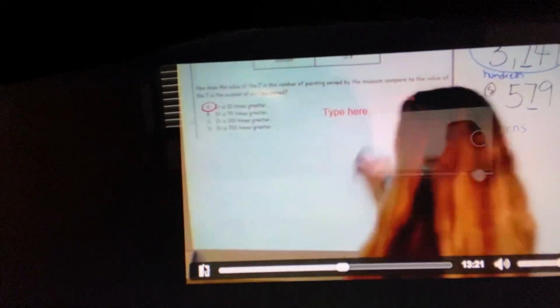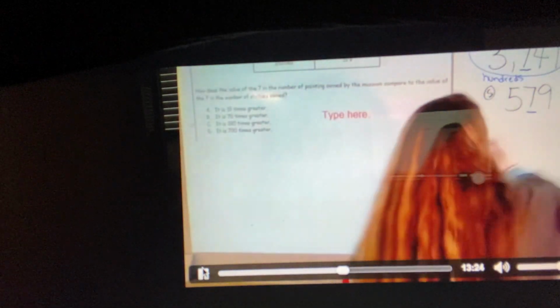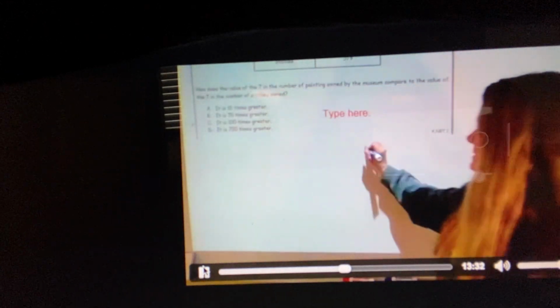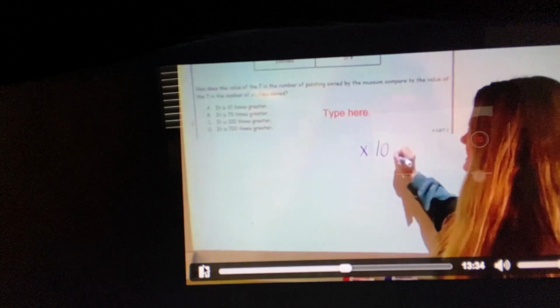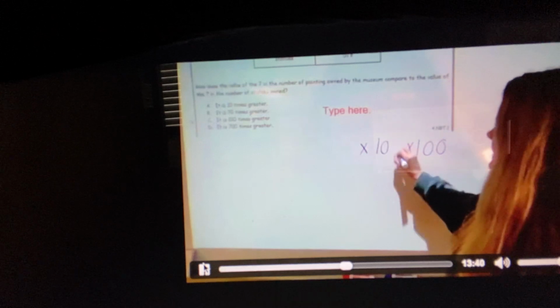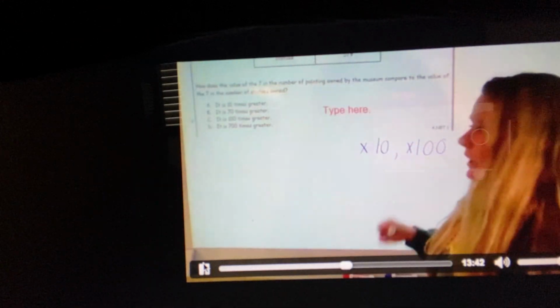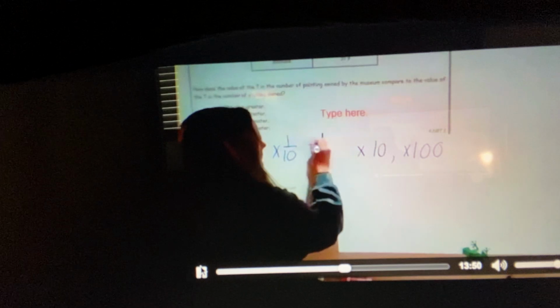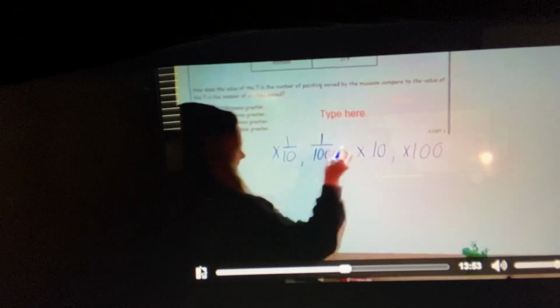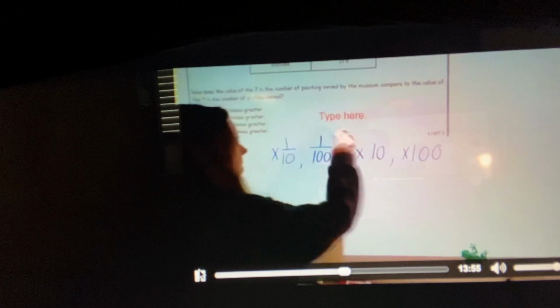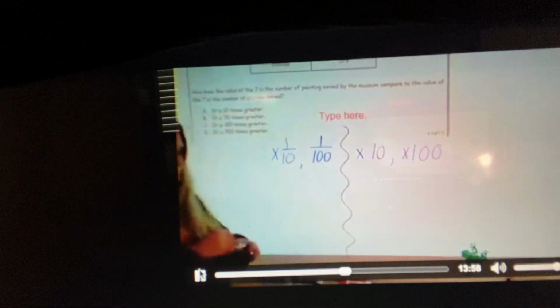All right. There are 4 answers to these type of questions. It is either going to be times 10, times 100. Let's make my commas too big. Or, and use a different color here, it's going to be times 1/10, or it's going to be times 1/100. Okay.